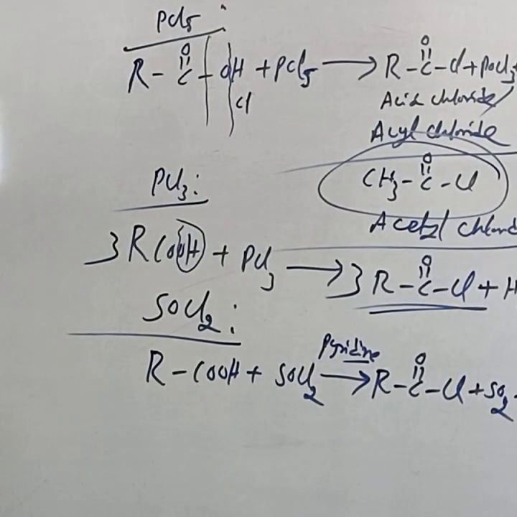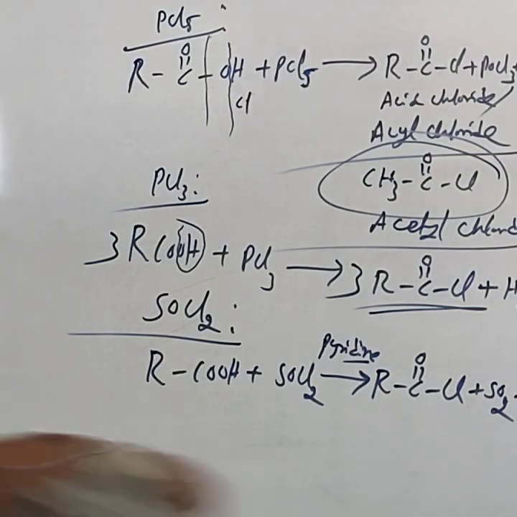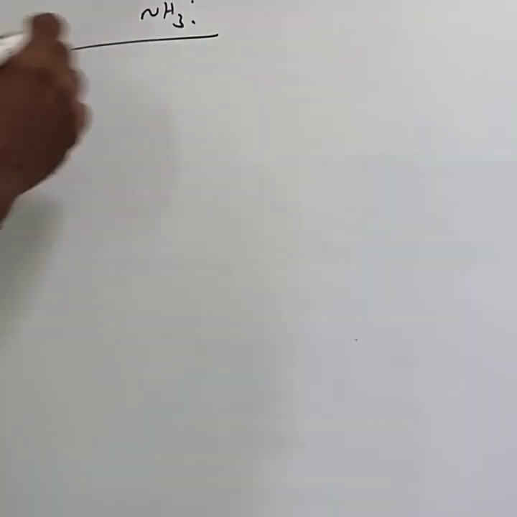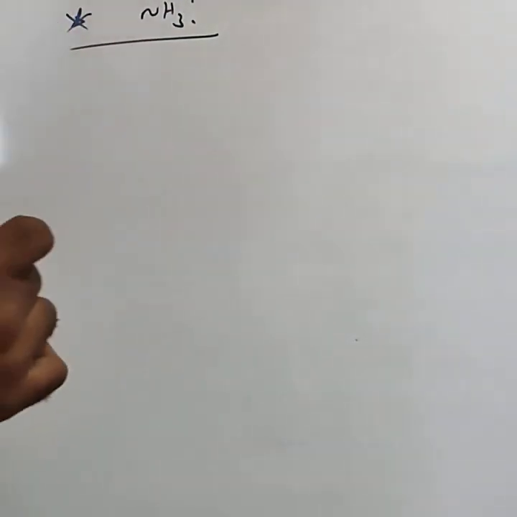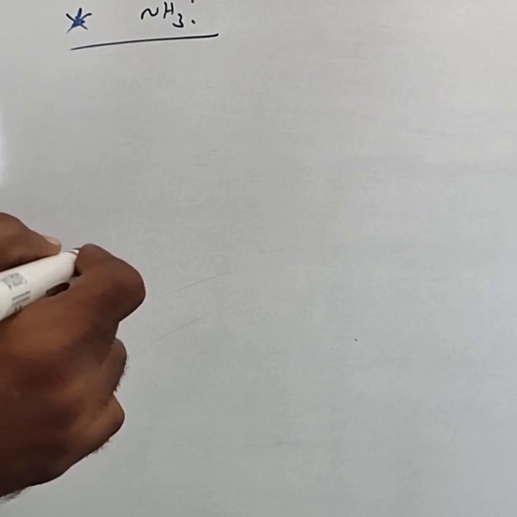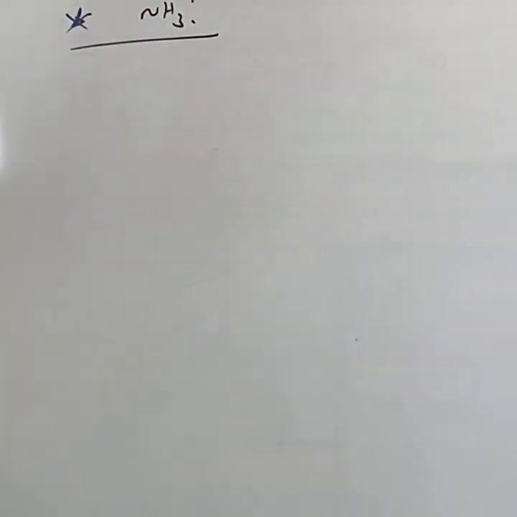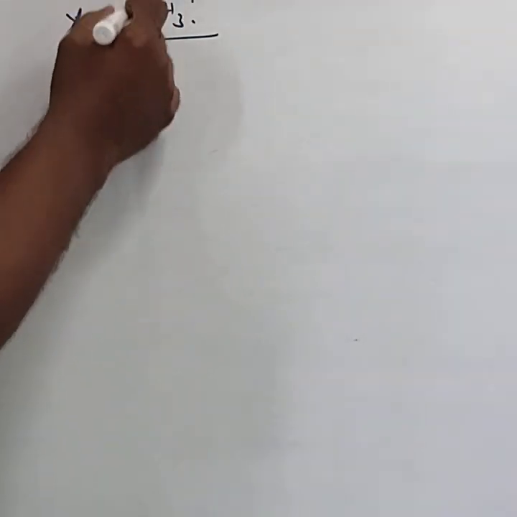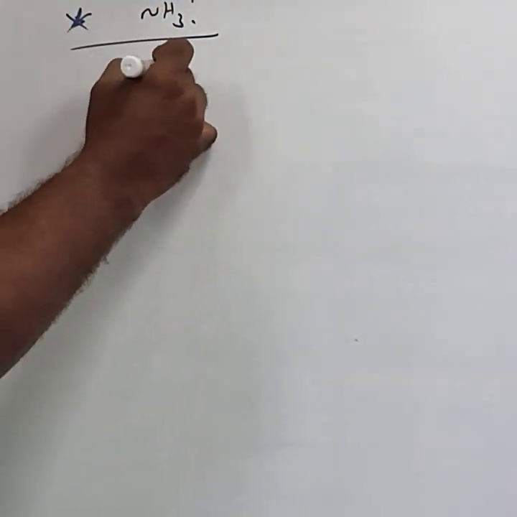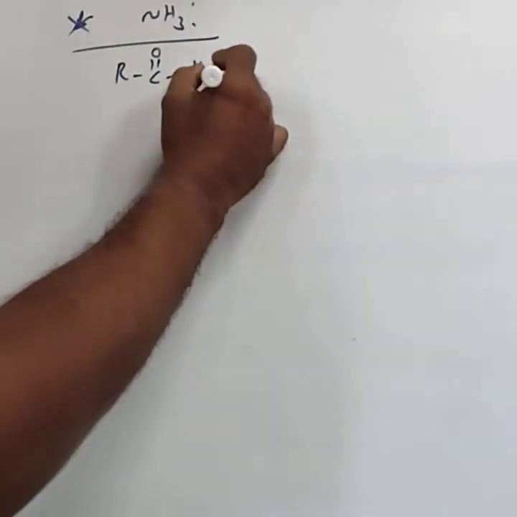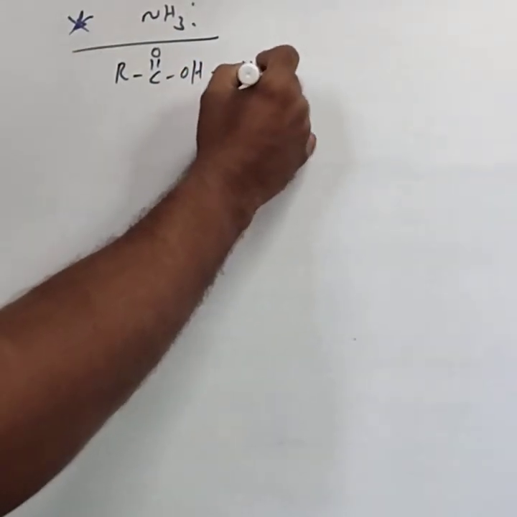Next, you consider the reaction with ammonia. The last one is the reaction with ammonia. Very, very important. In some cases, they can ask for 2 marks. In your board exam, they repeatedly ask this one. You can consider the general reaction: RCOOH, carboxylic acid, reacts with ammonia, NH3.